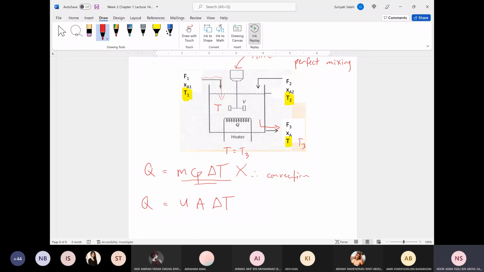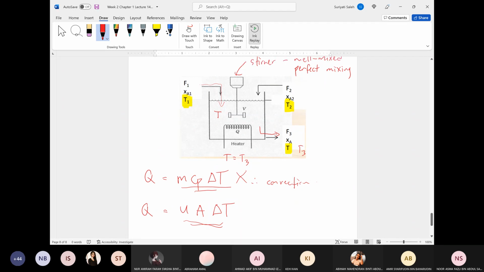So we cannot use m Cp delta T. If we want to substitute with another term, we need to use U A delta T. However, in this subject, we don't explore further using U A delta T. We just give directly the value of Q for simplification. Okay, any other question?